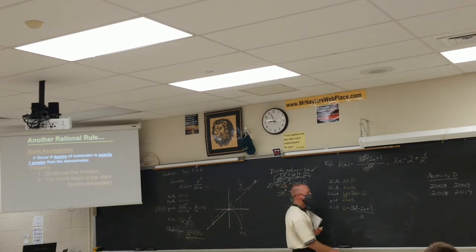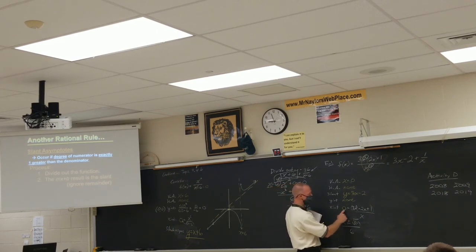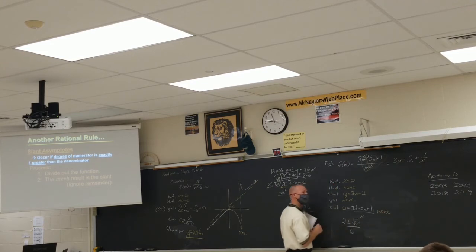This time I'm going to tell you that if you use the quadratic formula, you're going to end up with an imaginary number. You're going to end up with the square root of a negative number. If you haven't seen that yet, I don't want to spend a ton of time on it, but if you use the quadratic formula on the numerator, you end up with the square root of a negative. So what that means is that there's no x-intercept either.